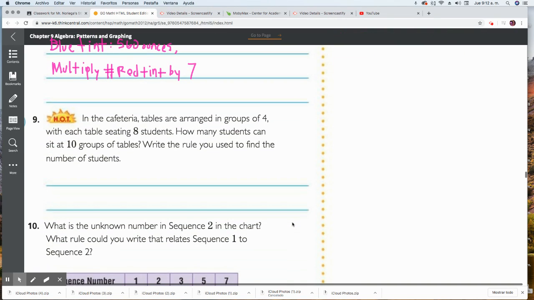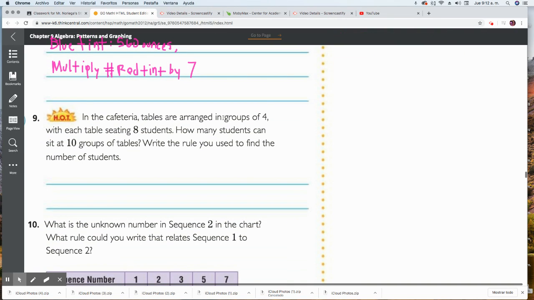In the cafeteria, tables are arranged in groups of 4, with each table seating 8 students. How many students can sit at 10 groups of tables? Write the rule you use to find the number of students. Okay, so in the cafeteria, tables are arranged in groups of 4.